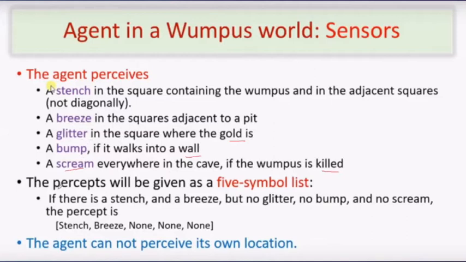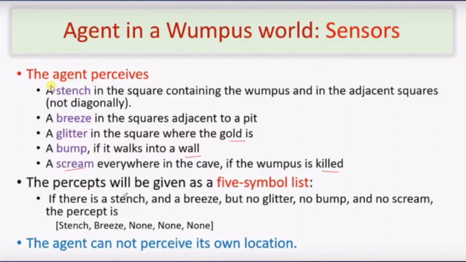The percept will be given as a list of five symbols. So these are all five symbols. If there is a stench and a breeze, but no glitter, no bump, and no scream, the percept looks like this. All the time the percept will be a 5-tuple, represented in each and every block in this particular form.